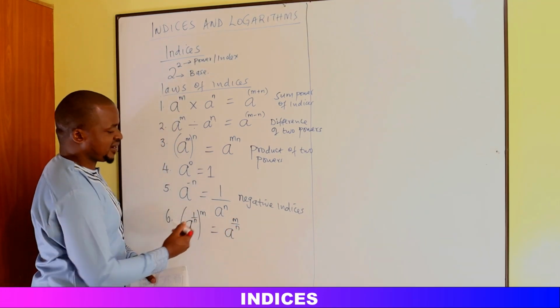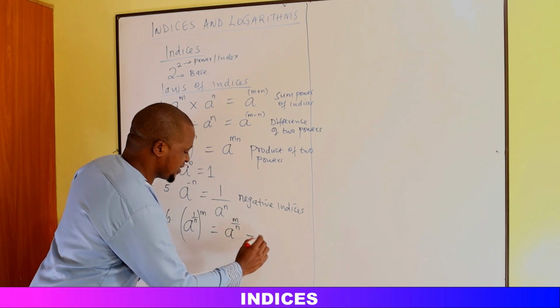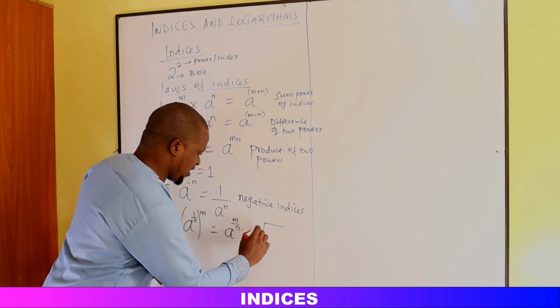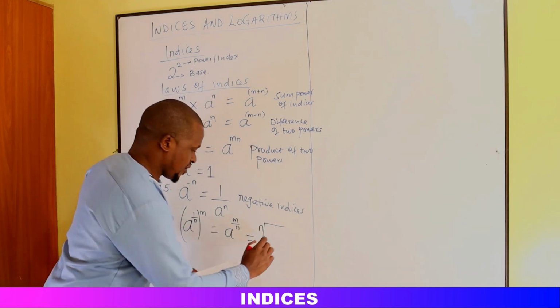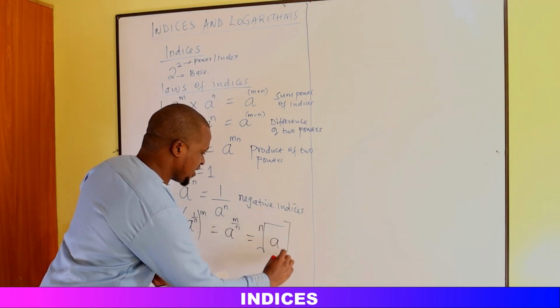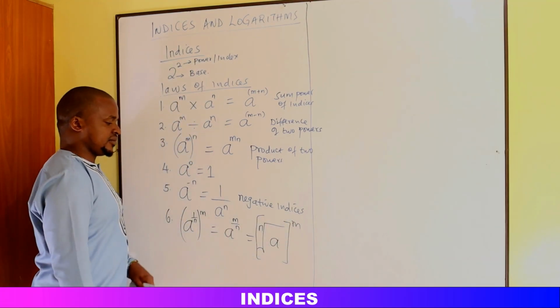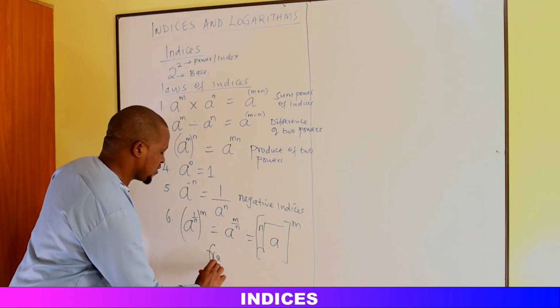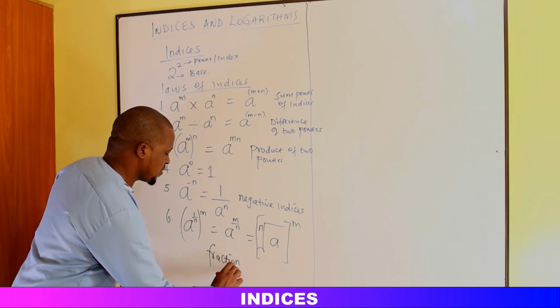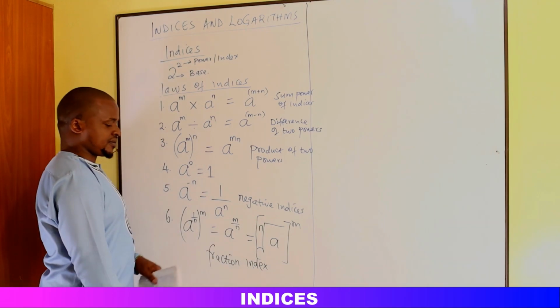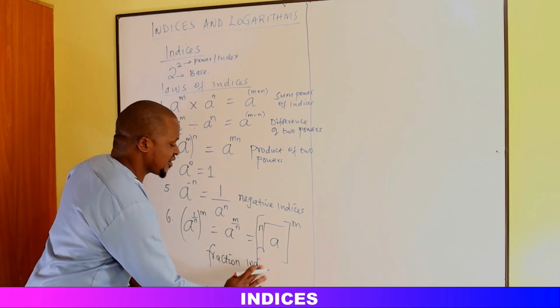Here you are multiplying the powers, which will be the same as the nth root of a, all raised to power m. This is called the fraction index. When they are many, they are called indices.